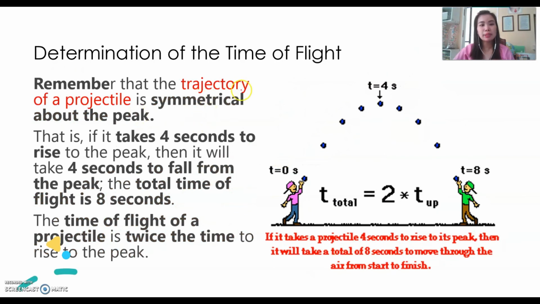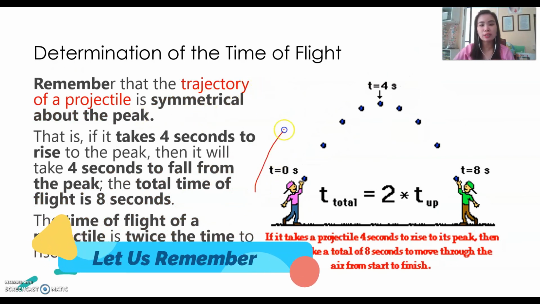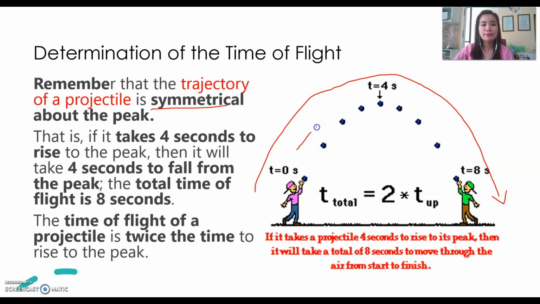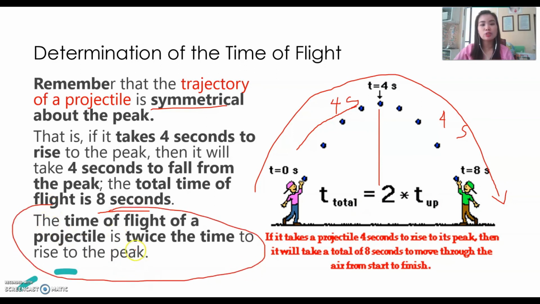Remember, the trajectory of a projectile is symmetrical about the peak. Symmetrical means that if it takes 4 seconds to come down, the total time of flight is 8 seconds. So again, half time is 4 seconds, times 2 is the total time. The time of flight of your projectile is twice the time to rise to the peak.